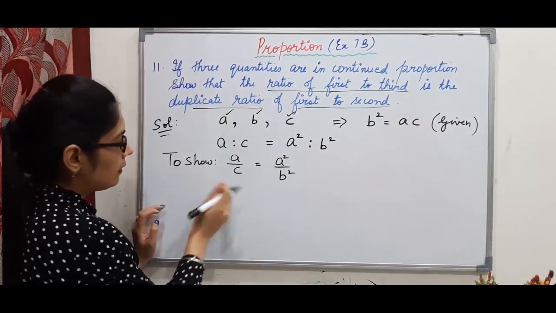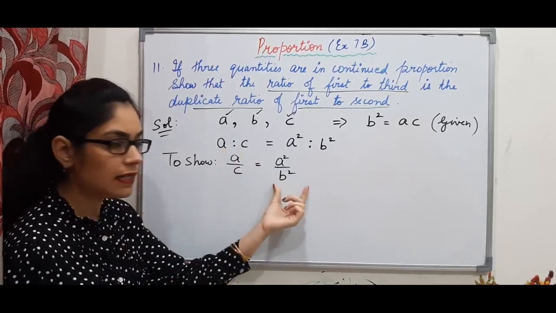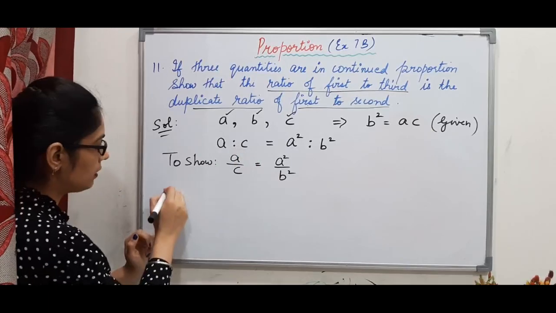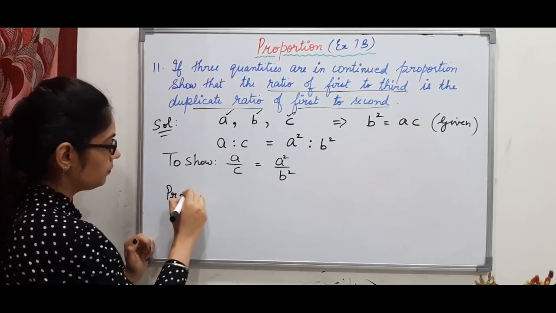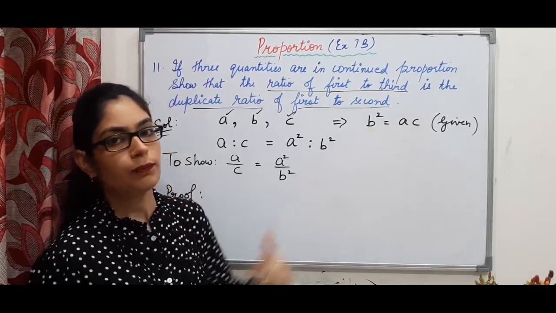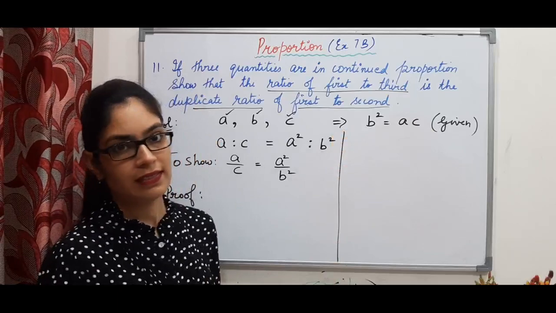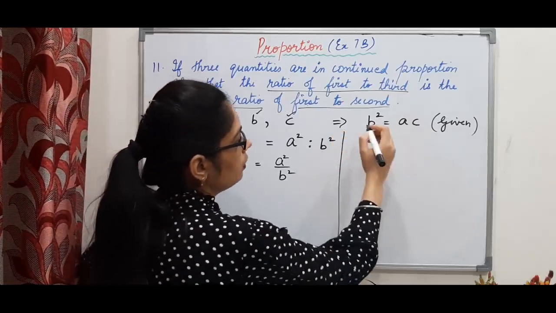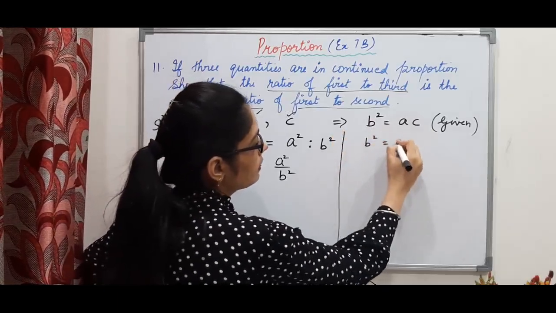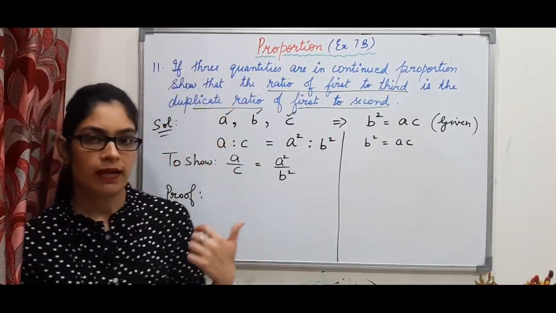So let's start. To show means I have to prove, left hand side equals right hand side. So let's start with the proof or solution. I'll start from the given things. See, this is given to me, B square is equal to AC. So I can use that. See, we have to focus on what we have to prove.